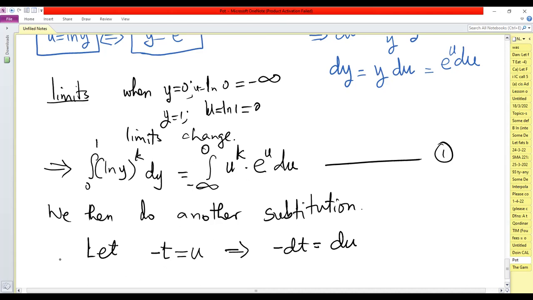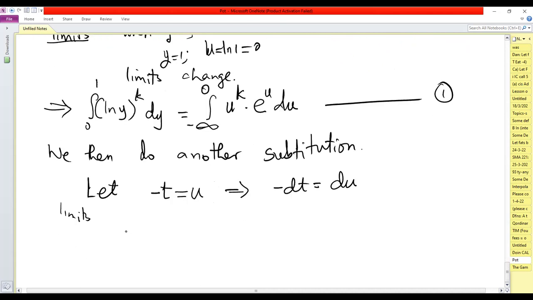And remember, these are limits for u. So when u is negative infinity, this implies negative u will be the same as positive infinity, which is the same as t.